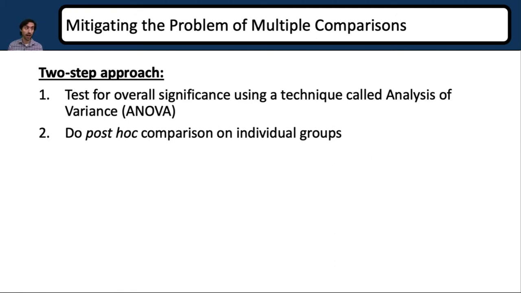Or it's going to say, yeah, actually, there is significance. Okay, well, where's the significance? I don't know. That's what the first one is saying. And when they say, I don't know, they're also saying, go ask post hoc. And post hoc will tell you which groups are statistically significant from one another.